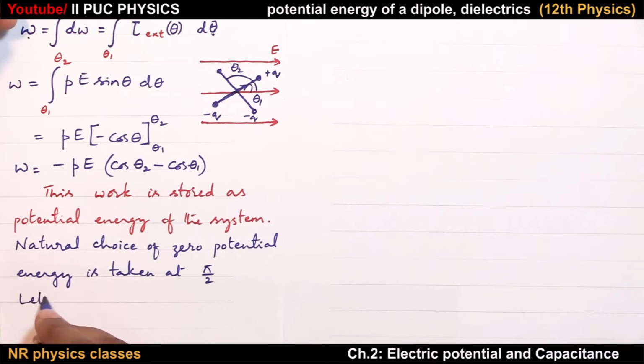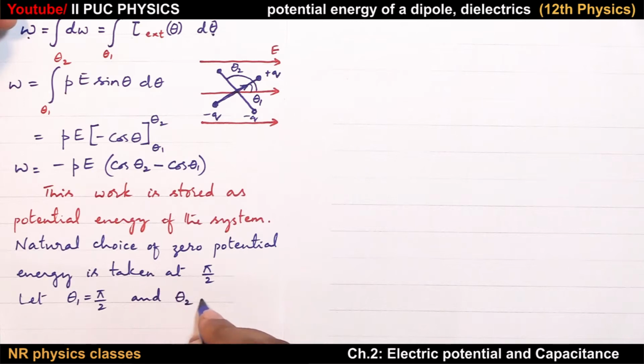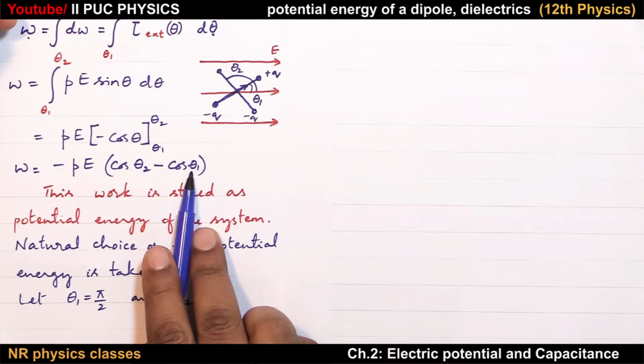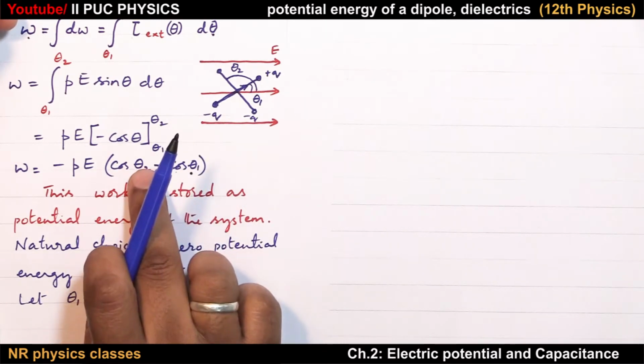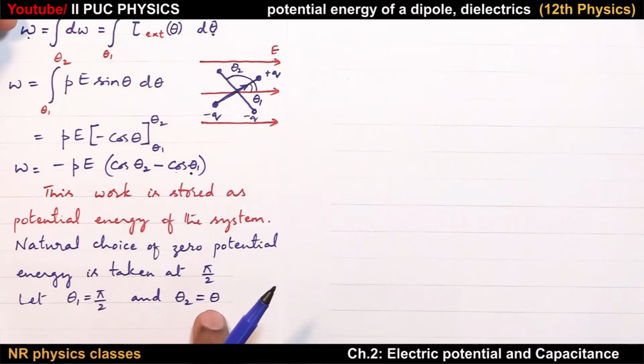Now let theta 1 be equal to pi by 2 and theta 2 equal to theta. If theta 1 is pi by 2, then cos pi by 2 is 0. If this term is 0, then theta 2 is replaced by just theta.